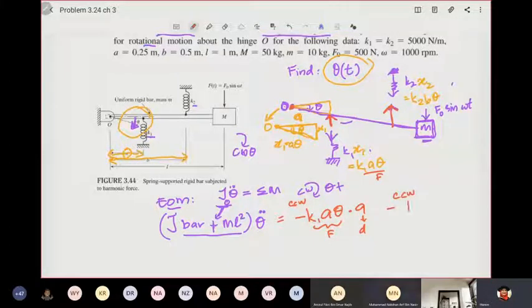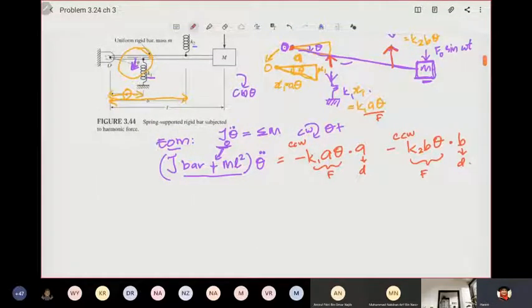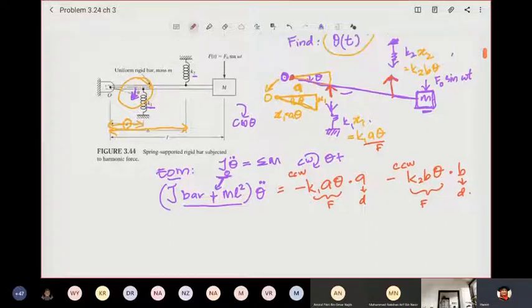So you have K2 B theta times B. The first time I label everything, but as you go along, you will know how to do it. One more: you have external forces, F naught. You go from the pivot point to the arrowhead. Is that positive or negative?